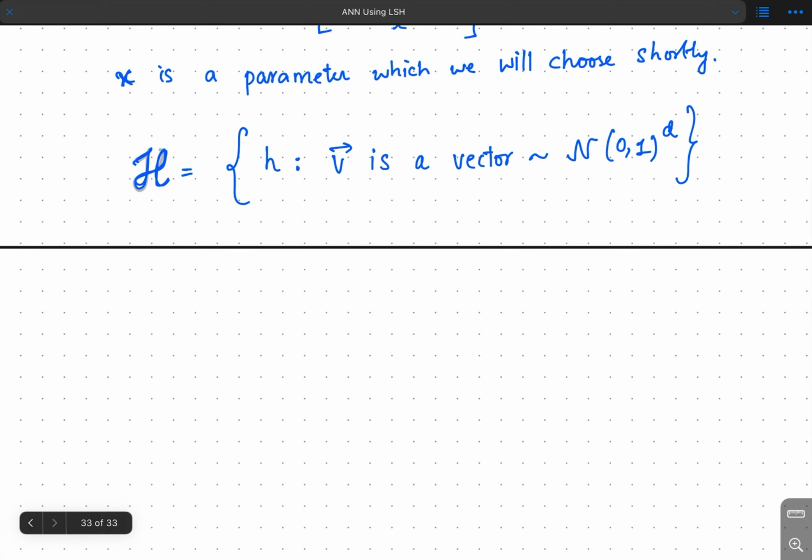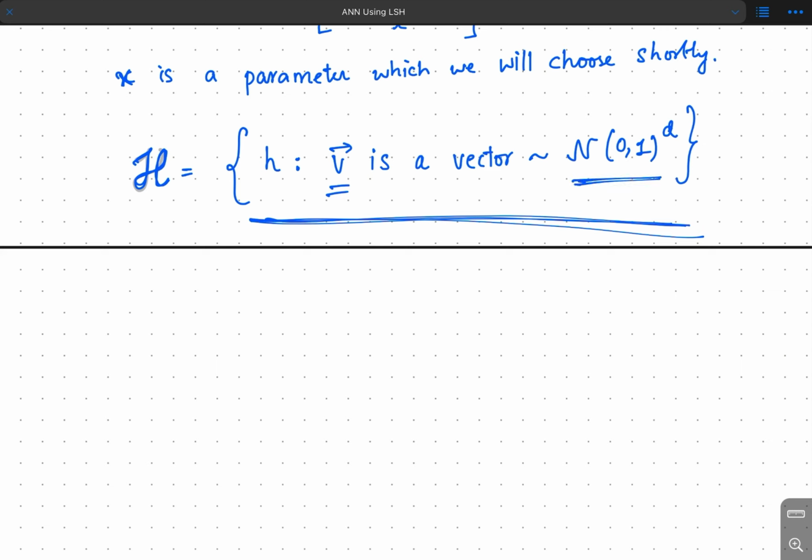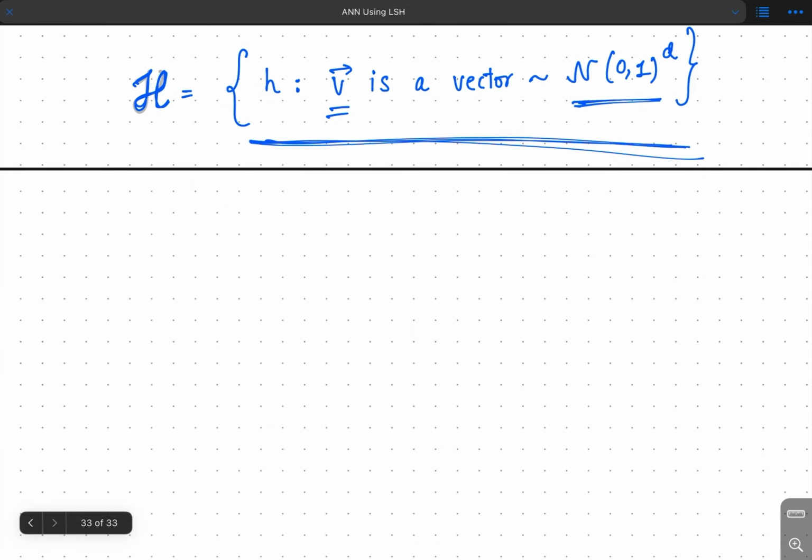If you see for the hypercube case, the LSH family that we came up with consisted of only d functions, but here it's actually an infinite family of functions, because v bar can be anything, the support of this is infinite.